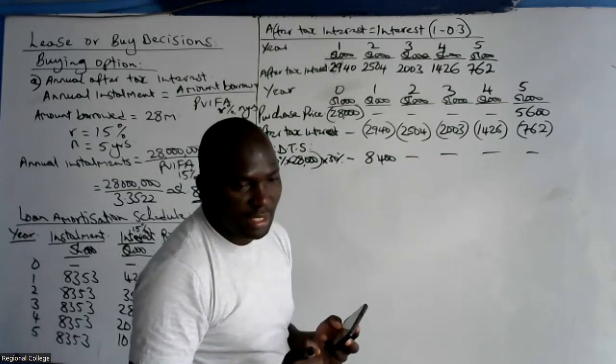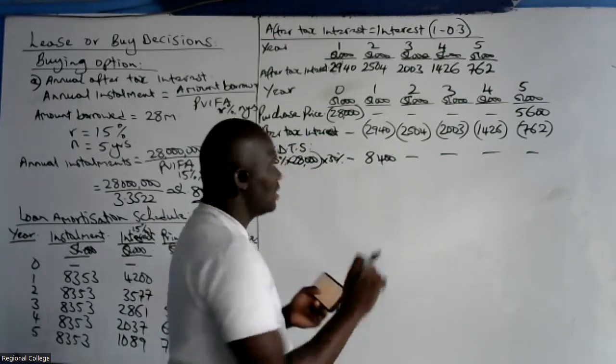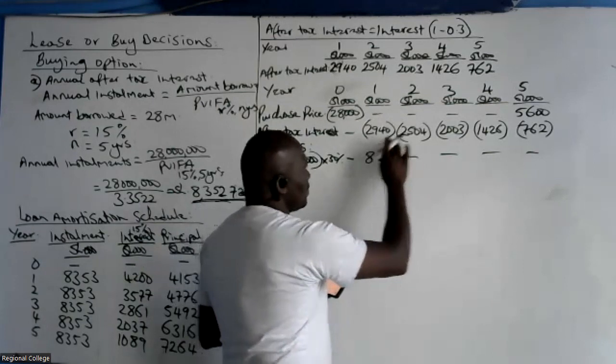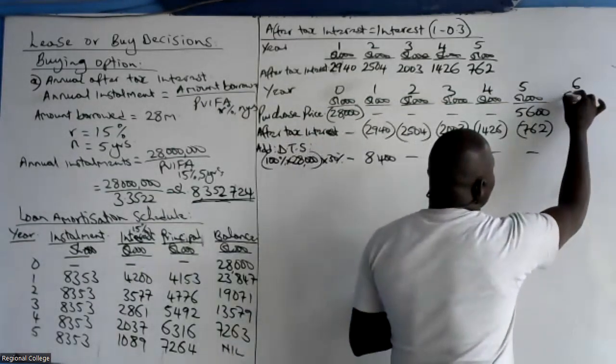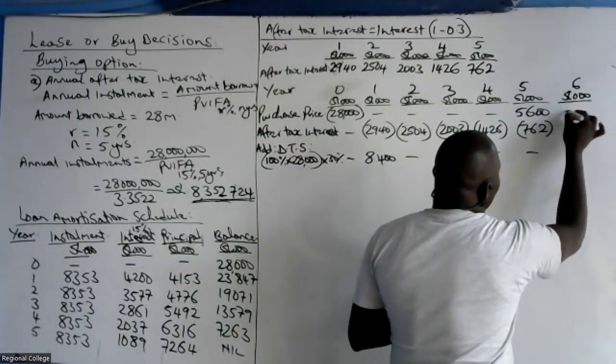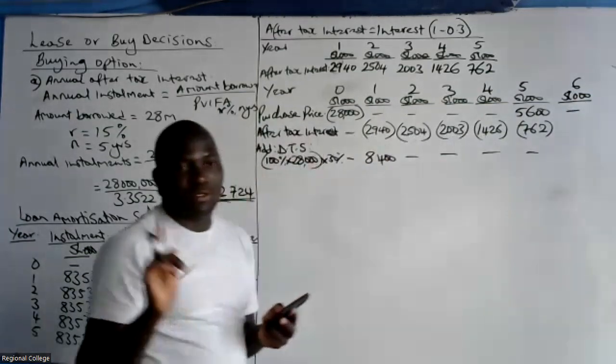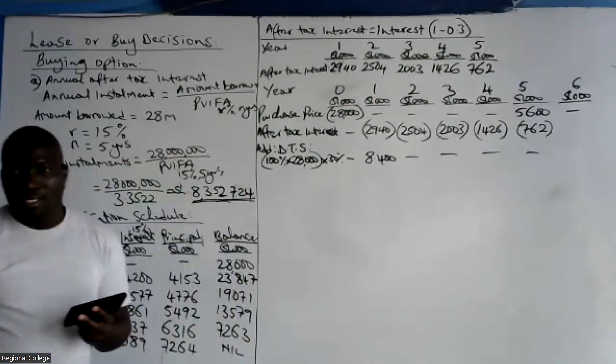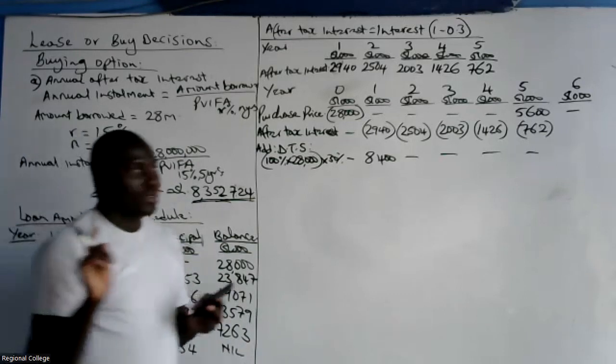Fortunately, all the questions are manageable. Now I must adjust mine like this. I must have a year 6 because of the tax, 1 year in arrears. Sorry for that.